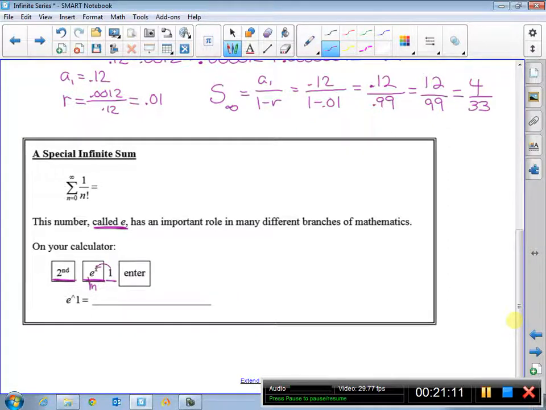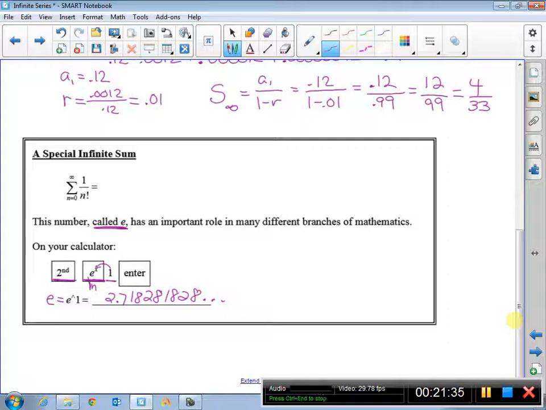And you'll see that the value of e, which is e to the first, is 2.71828, 1828. It actually keeps going. It's an infinite decimal, doesn't repeat or terminate.